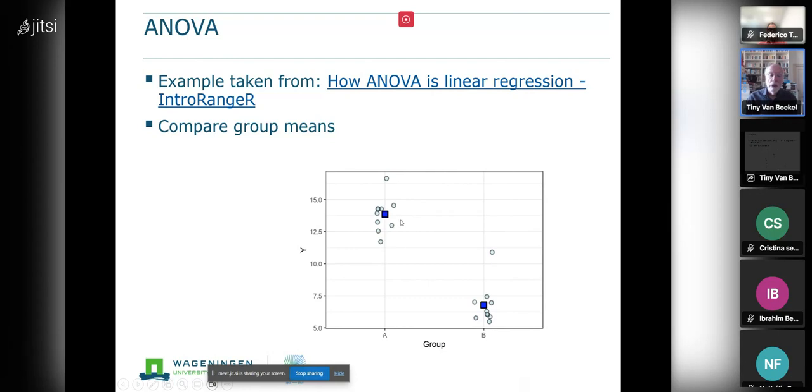So you see various outcomes for one treatment and another various outcomes for another treatment. And the question is now, are they different? What is usually done in ANOVA is to calculate the group means, what you see here as these blue squares. These are the means of each treatment. And the question is now, are they different?